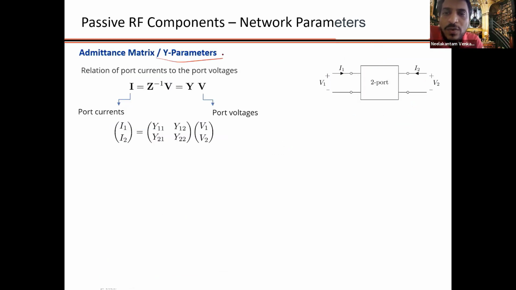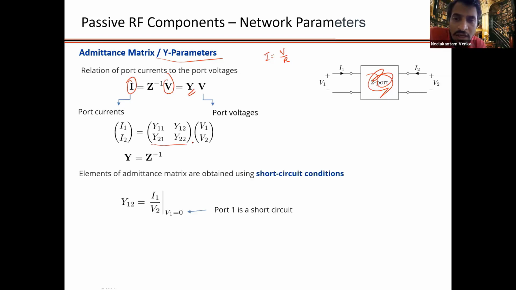Similarly, you can define what is called the Y matrix, but all I need to know is what the port currents are, how they are related to the port voltages. Again, you had V equal to IR before, you can also have I equal to V over R. The same Ohm's law. So instead of 1 over R, you're having it as Y. Again, for a 2 by 2, it's going to be a matrix. And in this matrix, you can find out Y12 when V1 is equal to 0.